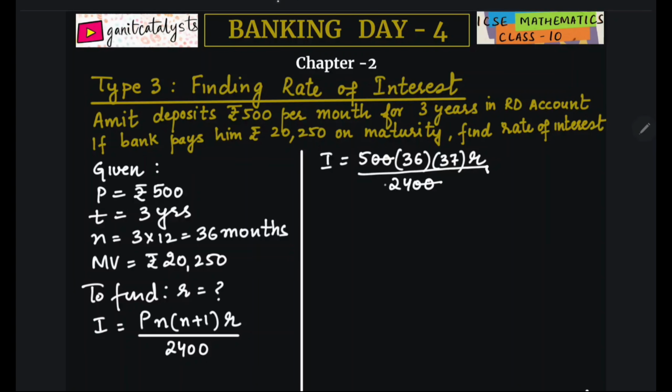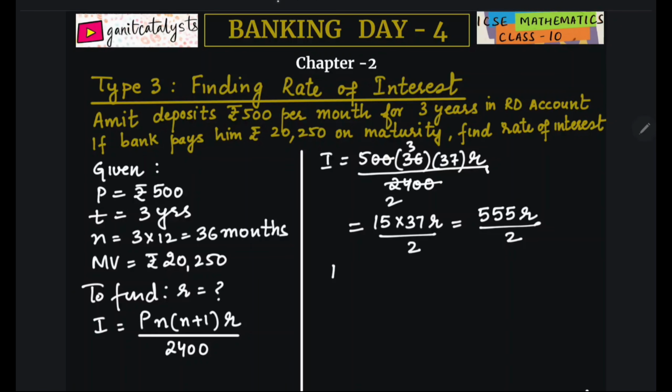So 12 twos are 24, 12 threes are 36, so it is 15 into 37 R upon 2, which is equal to 555 R upon 2.